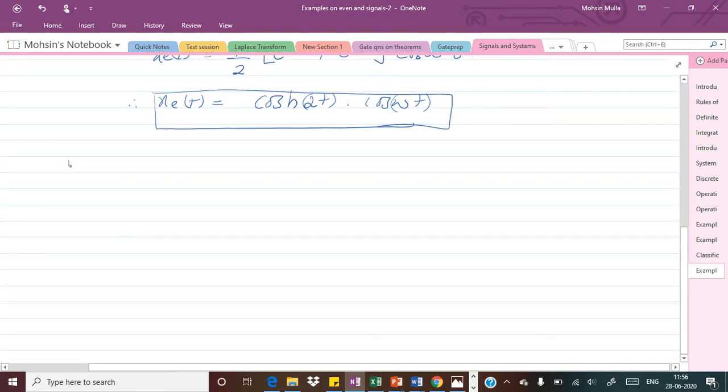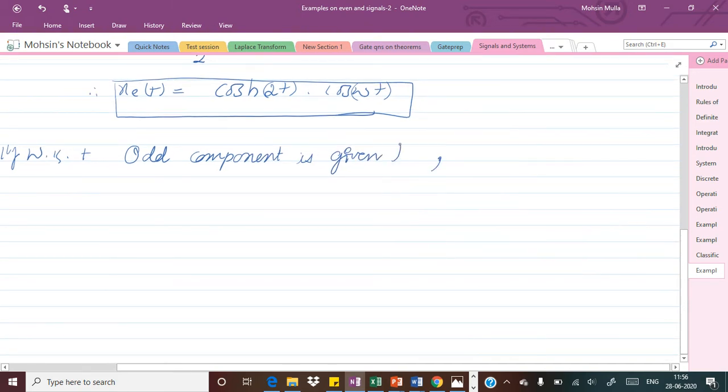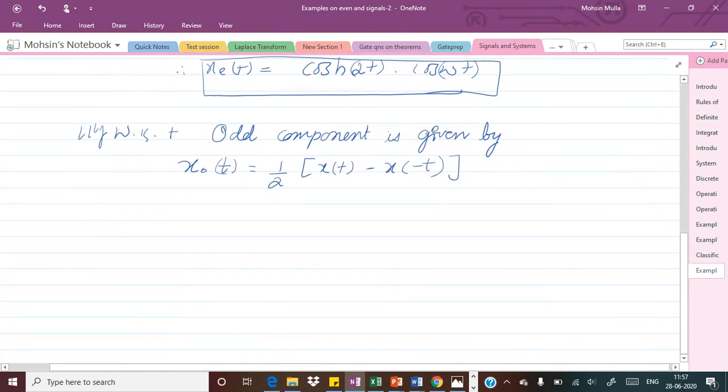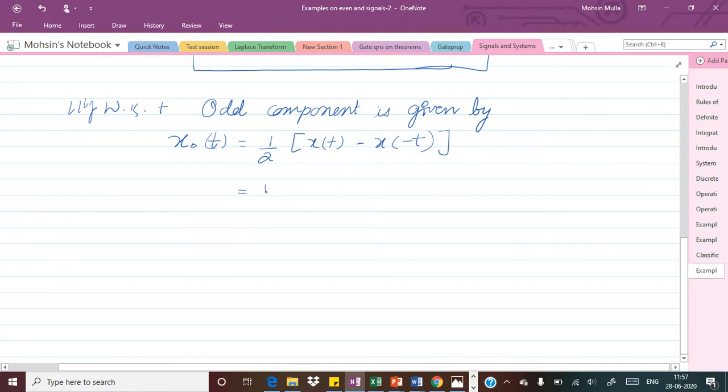Similarly, we know that the odd component is given by xo of t equal to 1 divided by 2 into x of t minus x of minus t. So x of t and x of minus t we already have, we need to just substitute.